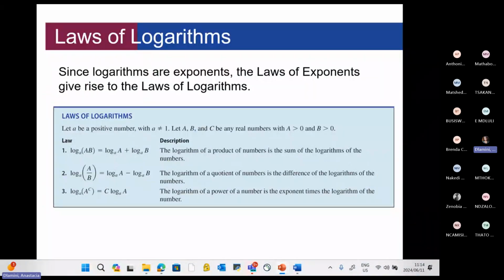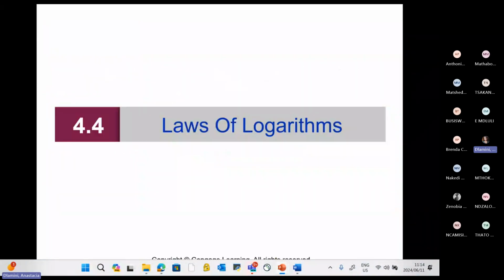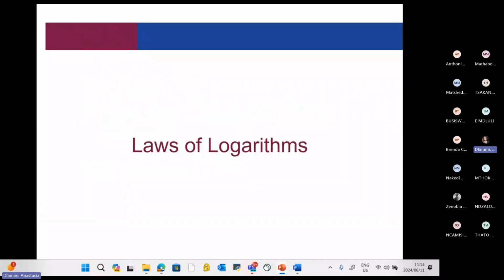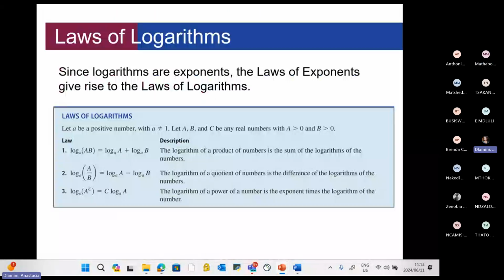They're in section 4.4, meaning the previous video. These are the laws of logarithms that you need to make sure you understand and know by heart, because in this module you don't get a cheat sheet. Are you okay with these logarithmic laws? Yes, ma'am.